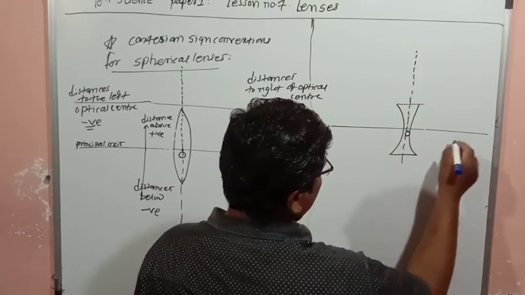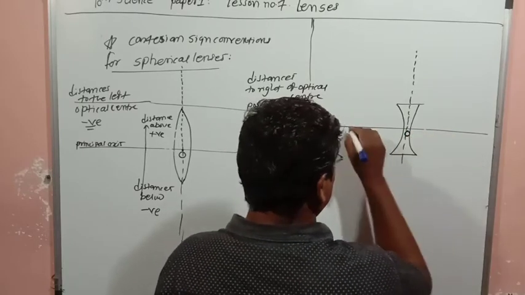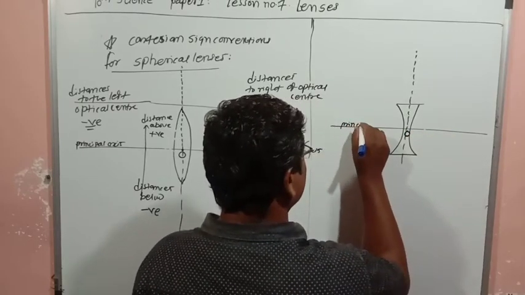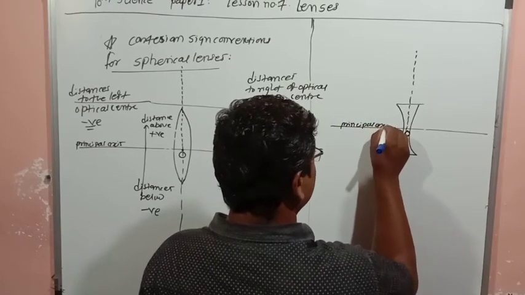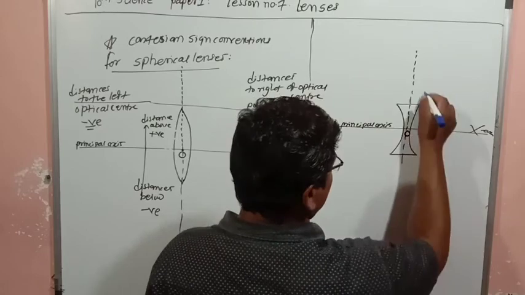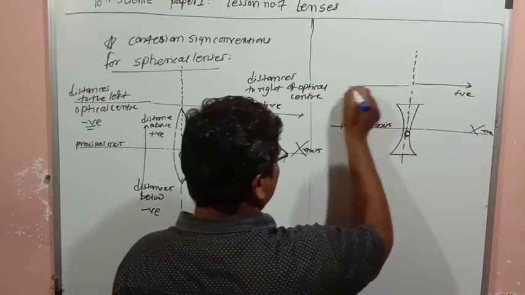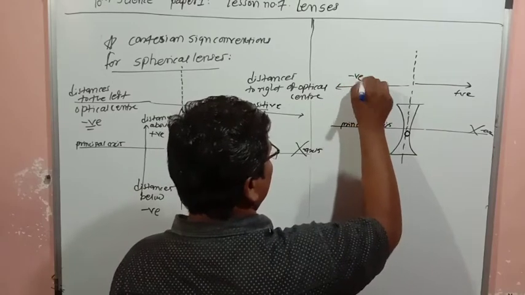Here will be the optical center, at the origin. This will be the principal axis, and it will be the x-axis. Distances to the right of the optical center are positive. Distances to the left are negative.